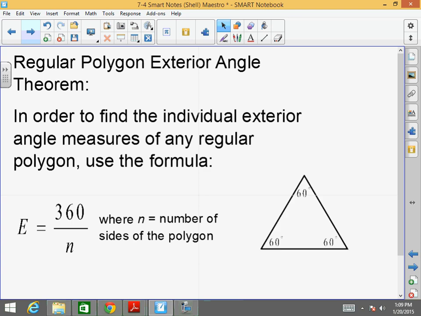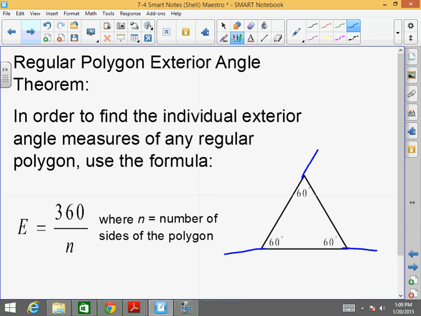Now, a little example here, okay? This is an equilateral, and it happens to be equiangular, because that's the only type of triangle you can have. It's equilateral and equiangular. This is a regular triangle. I have one exterior angle at every vertex, okay? So I can do this one of 2 ways, and I like to show this because sometimes we forget, sometimes we get nervous.